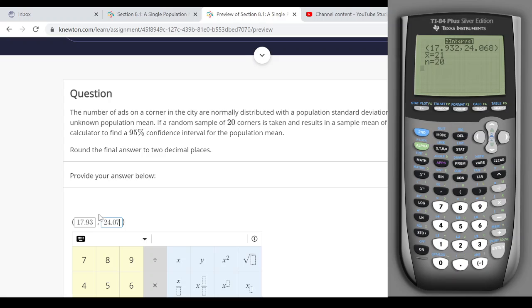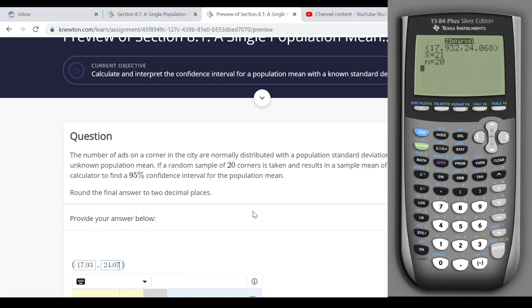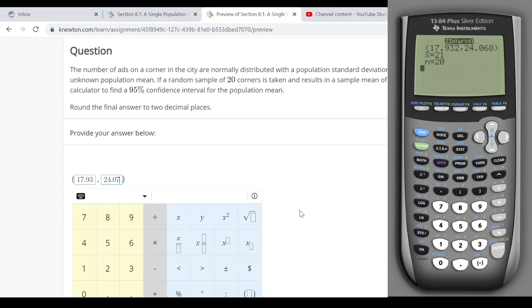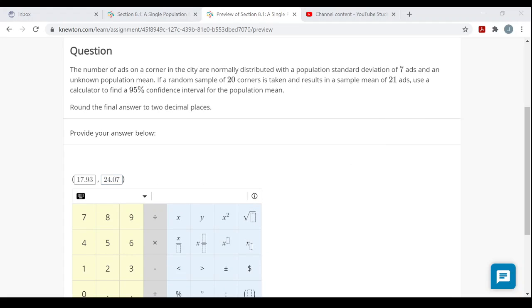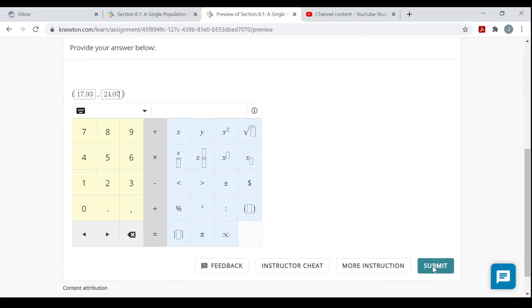All right, the sample mean, that point estimate, should be exactly halfway between these. Again, the margin of error is 3.07, right? It's just the distance from the middle to the top or the middle to the bottom, or you take the distance between these and cut it in half. You get the margin of error. So you could also use the calculator to find margin of error pretty easily. And that's it. Let me get rid of the calculator here, submit. That's all we had to do.